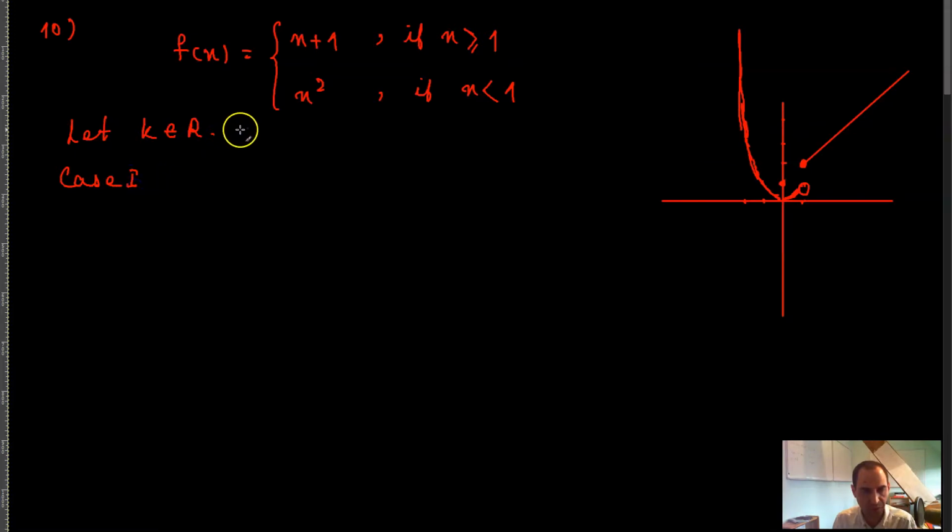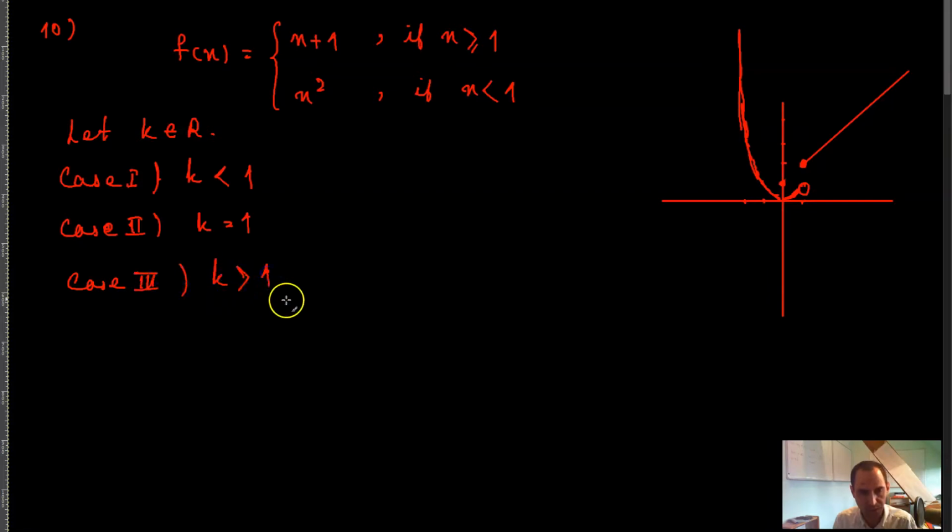Case 1, let's say that k is less than 1, case 2, let's say that k is equal to 1, and case 3, let's say that k is greater than 1.